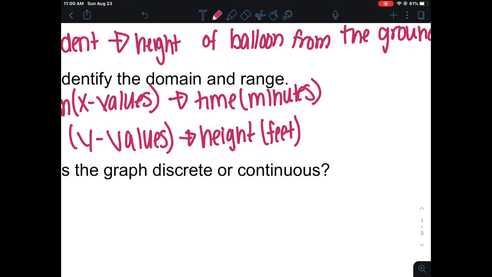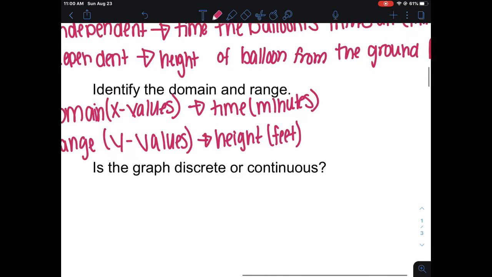And I know we didn't spend too much time going over domain and range this year like I have in past years, so I am really lenient on this answer. I do expect at least this for a 4. I will definitely give an opportunity for 5s on this if you want to take it a step further and give me the actual numbers that go along with domain and range.